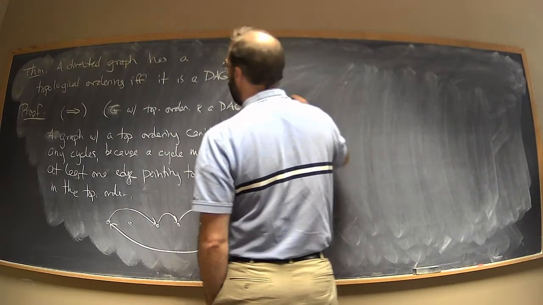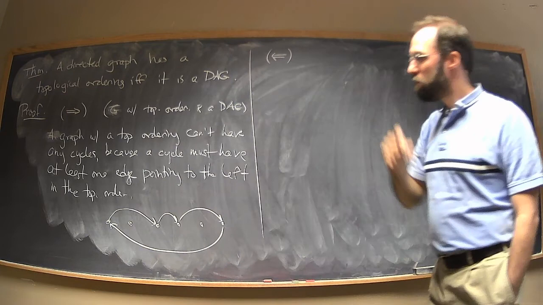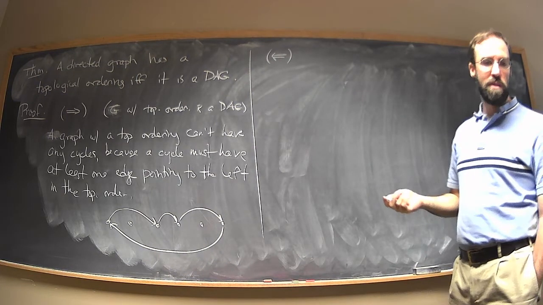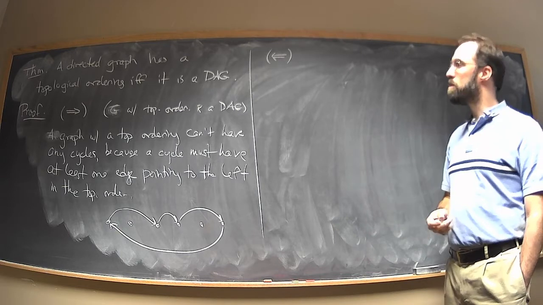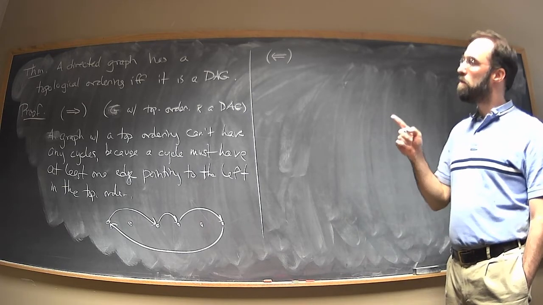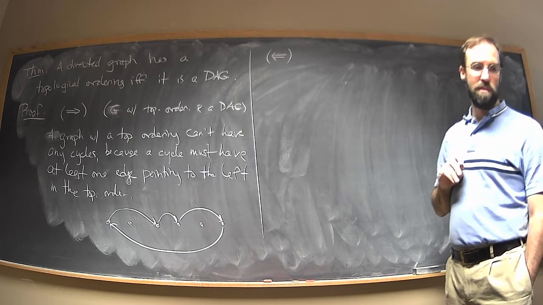All right, let's do the other direction. We're pretty much going to spend the rest of class today doing the other direction. It's more interesting. In the other direction, given a DAG, we have to find a topological ordering for it.